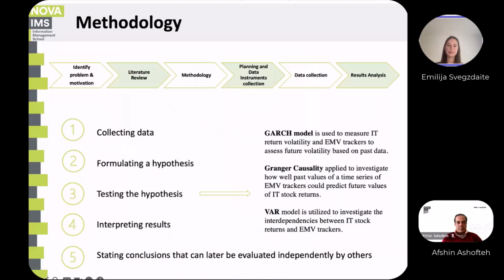It basically describes how each variable in the vector is related not only to its own values, but also to the past values of all other variables.